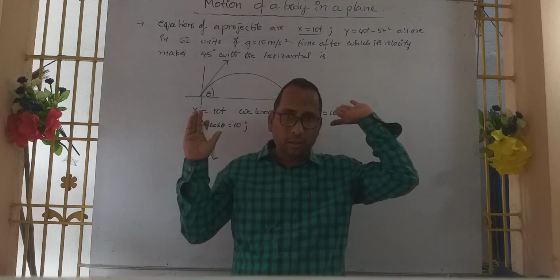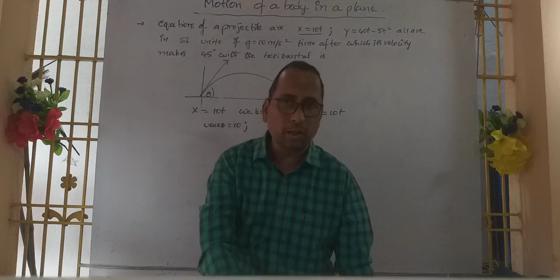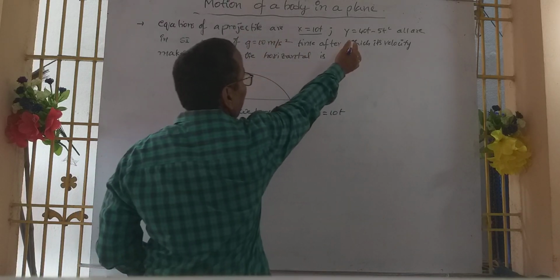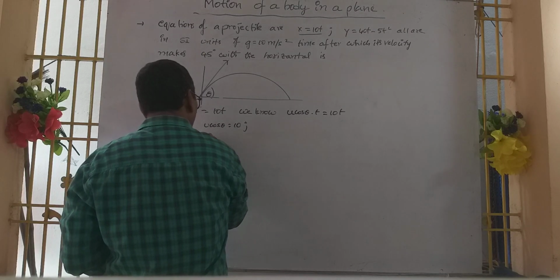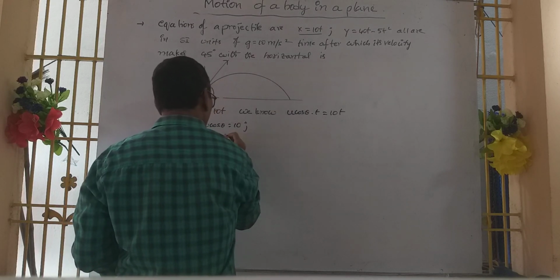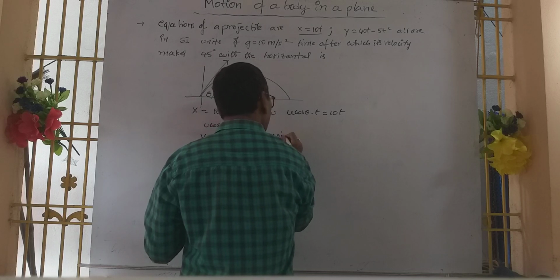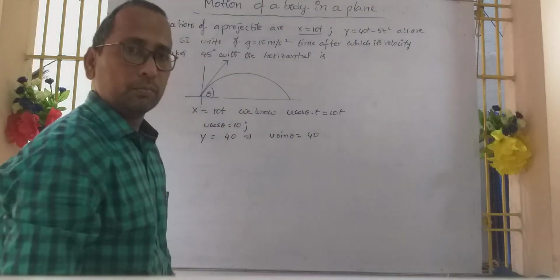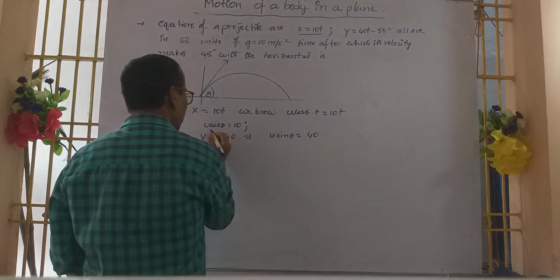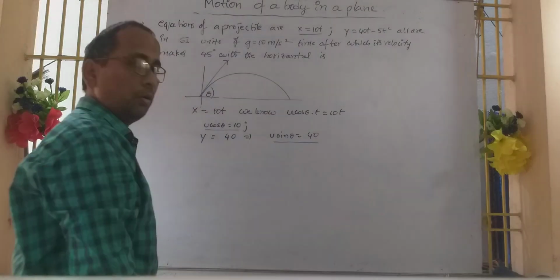Comparing these equations with the original equations, in the problem we have 40, which implies u sin theta is equal to 40. Then we have u cos theta is equal to 10, u sin theta is equal to 40.